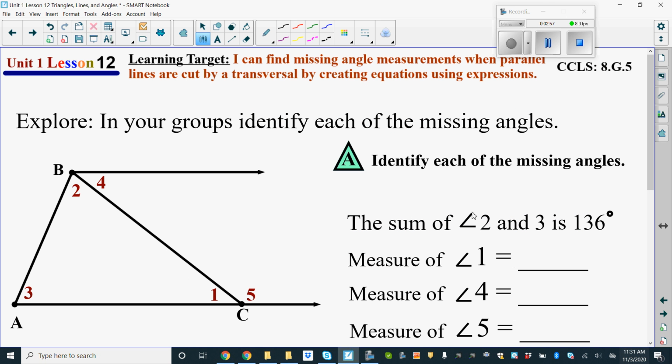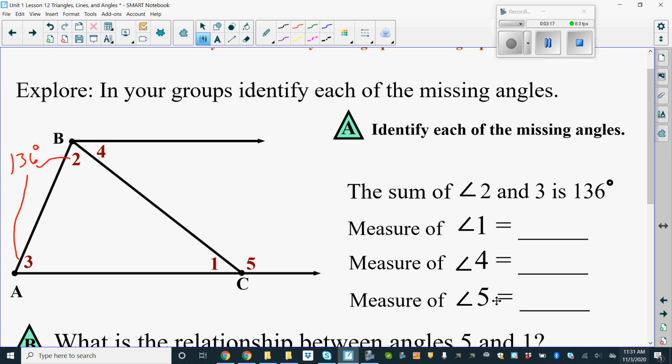Now we have to identify each of the missing angles. The sum, so that means when you add up 3 plus 2, you get 136 degrees. We have to find the measure of angle 1, angle 4, and angle 5. There's a couple of ways we can do this. We know that every triangle has 3 angles, and here's our triangle. In the triangle, they equal 180 degrees.